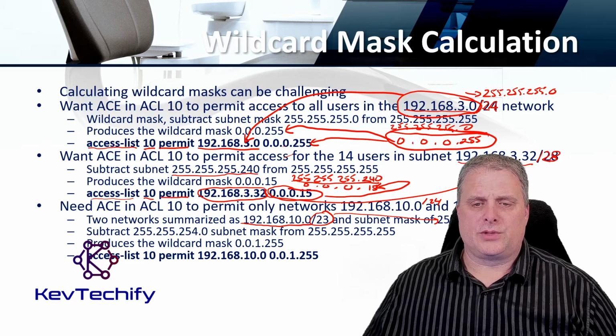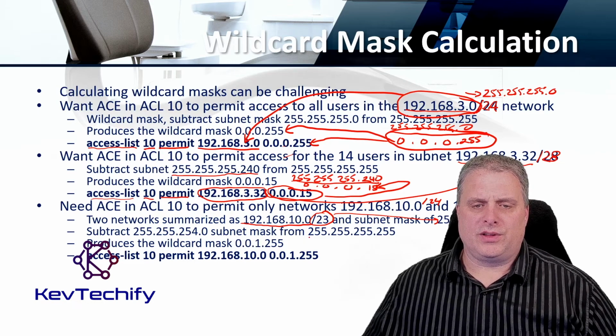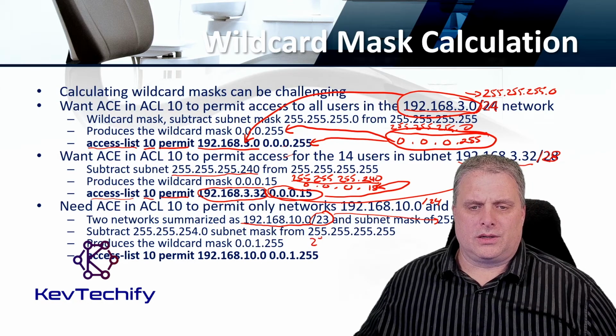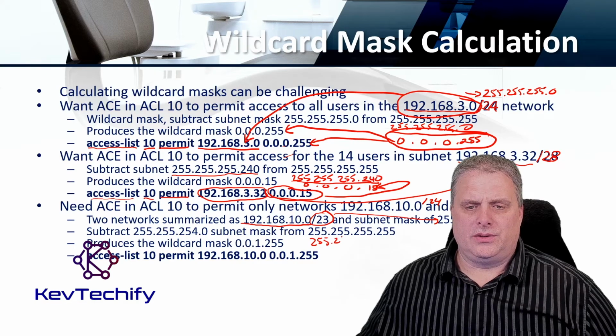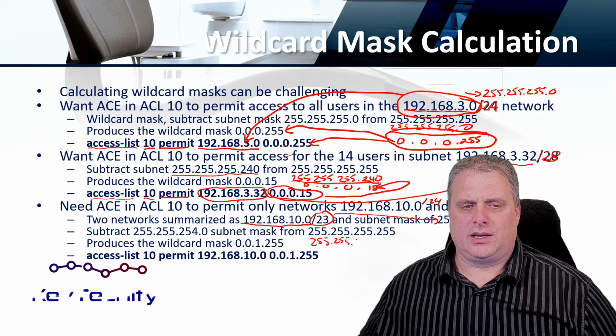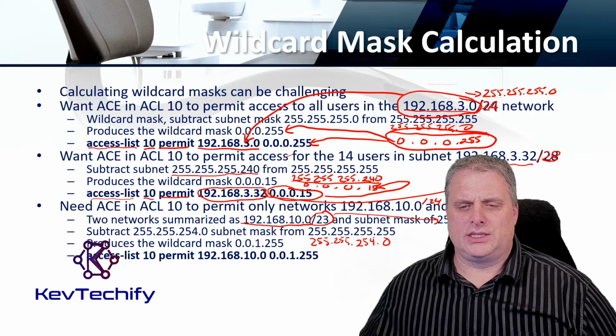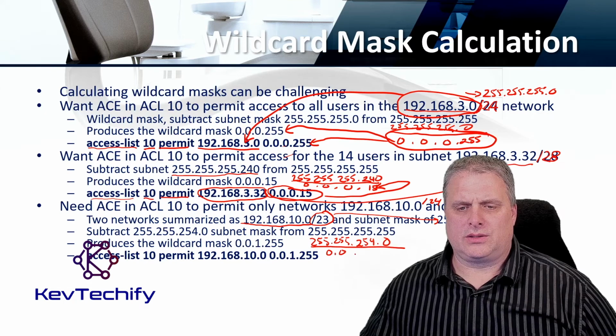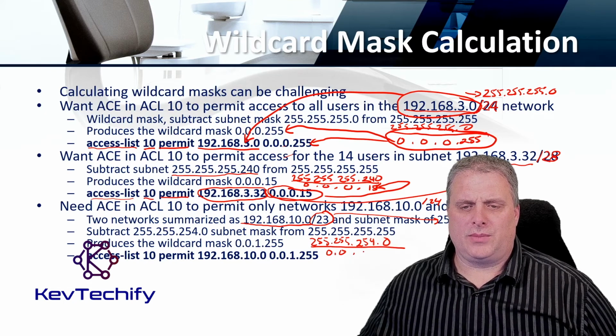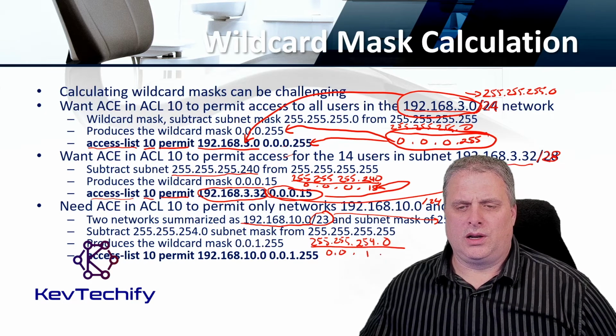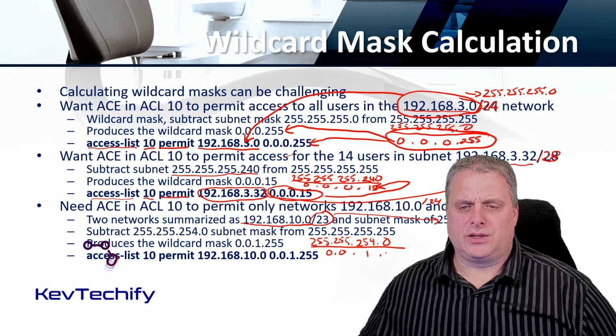We can go ahead and subtract that from the four 255s. 255.255.255.255 minus 255.255.254.0. Subtract that out, gives us 0.0, 255 minus 254 is 1. And then 255 minus 0 gives us 255.